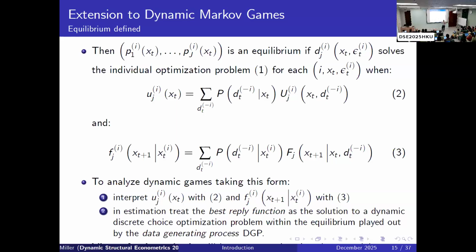We simultaneously make a decision together. Simultaneously just means that I have to move before I can see his epsilon, not that we have to move at the same calendar time. It's a statement about the information set, not a statement about the calendar timing, okay? That's important here.